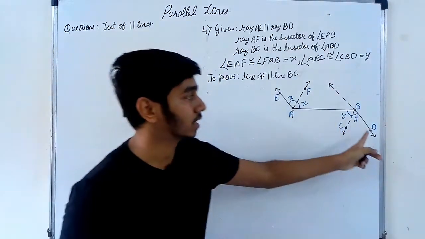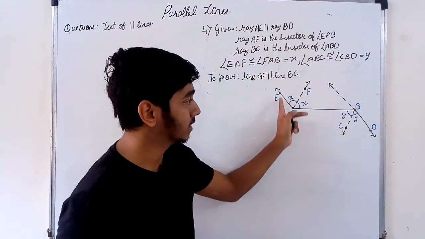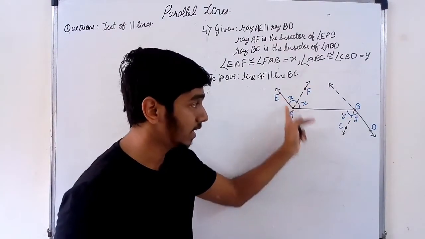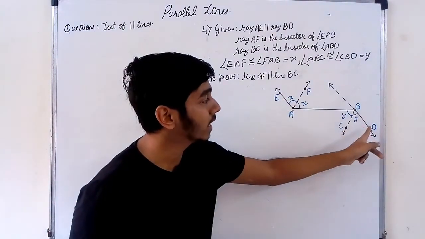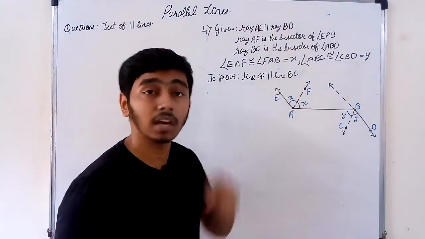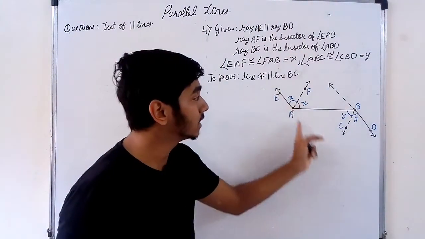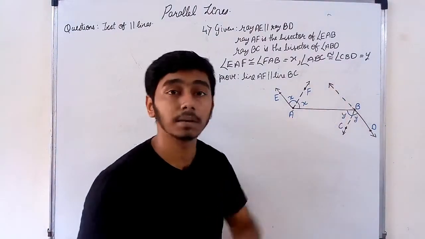We'll make a construction that is extending BD. We can make a construction like this also, extending EA. The proof can be done either by extending EA or extending BD, you get the same proof. I'm showing it by extending BD.